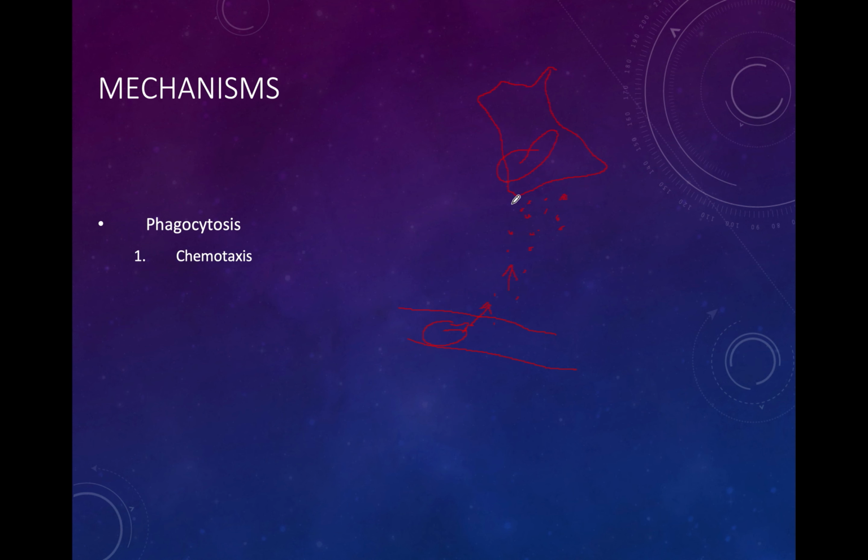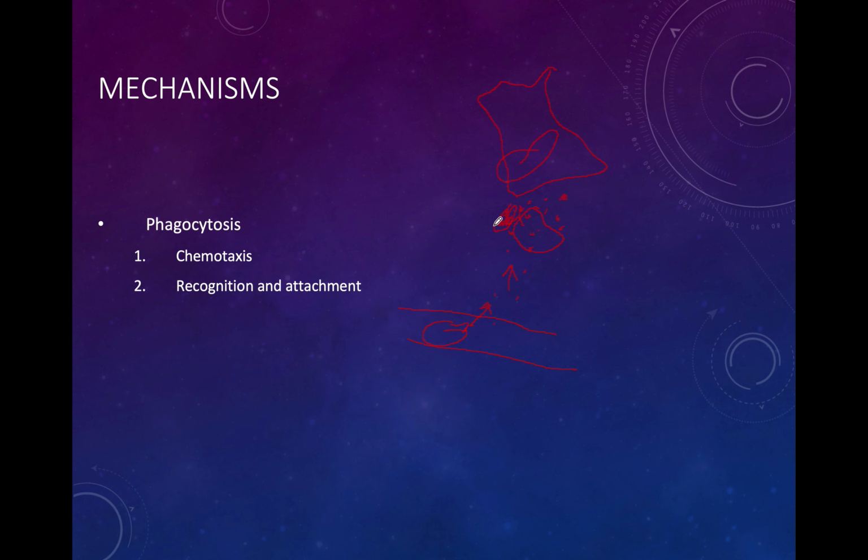Once they arrive on scene, they will probably find those microorganisms. So if this is the bad guy, this is bacteria. Once that phagocytic cell arrives on scene, remember it has those toll-like receptors on the surface, and if that toll-like receptor is engaged and binds that bacterial cell, it will begin the process of phagocytosis.